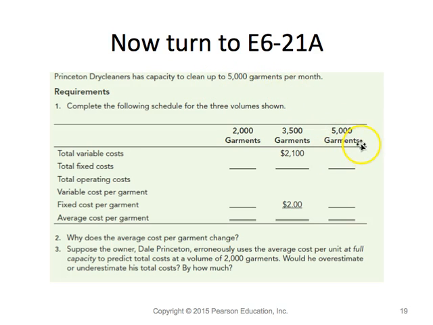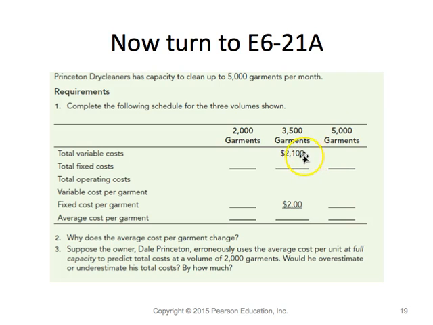This is capacity. Complete the following schedule for the 3 volumes shown. You may not have the full capacity. You only have 2,000 garments in a month, or 3,500 garments in a month, and 5,000 maximum.